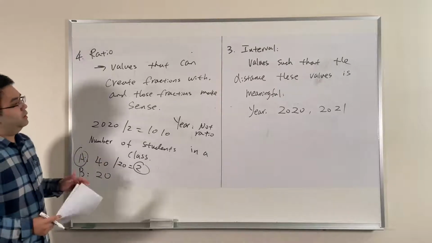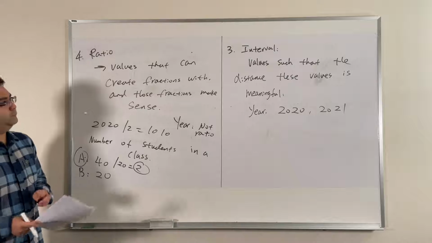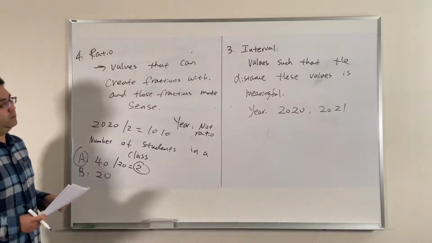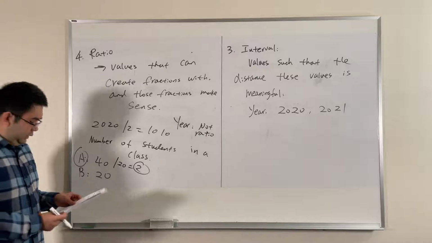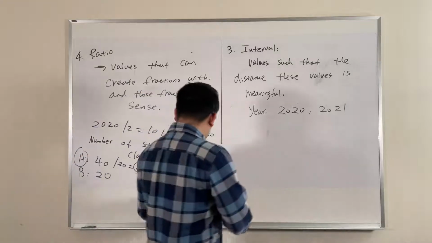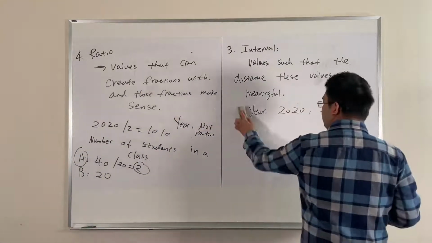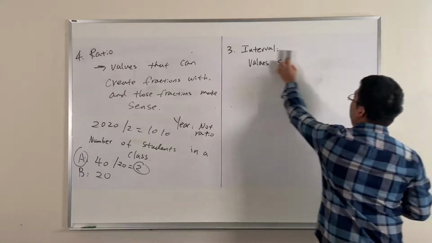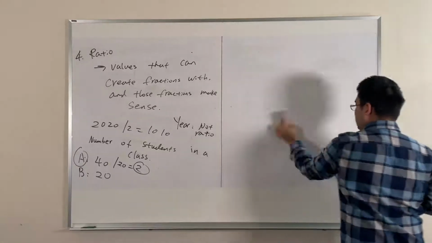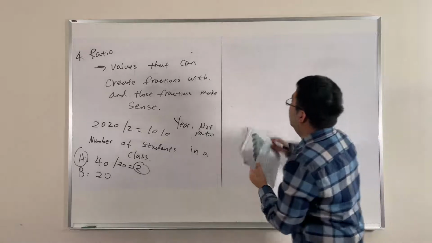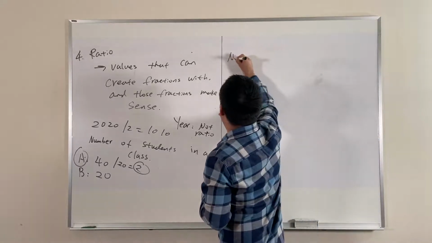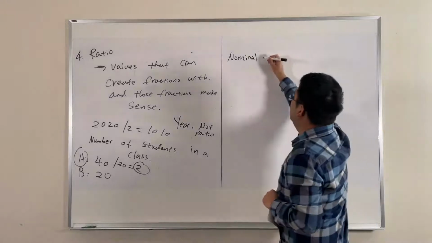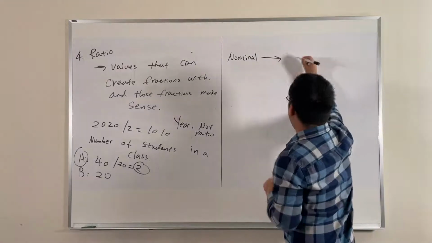Okay, so let me quickly give you the order or rank of these levels of measurement again. First, every single variable is a nominal variable, at least. Then you check whether it's ordinal.